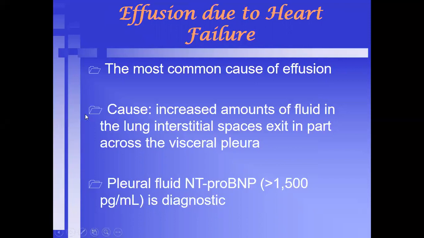This is caused by the increased amount of fluid in the interstitial spaces of the lung which exits across the visceral pleura. So your heart failure patients will have pulmonary congestion, and that congestion will go into the interstitial spaces and exit through the visceral pleura into the pleural space, becoming pleural effusion.